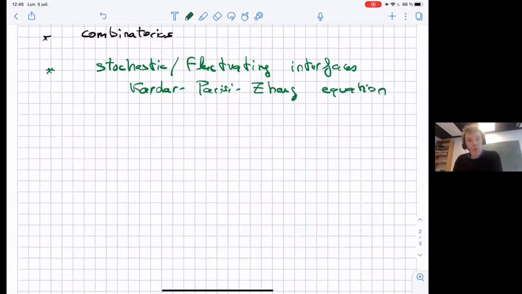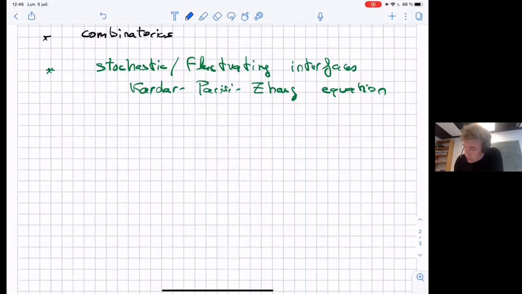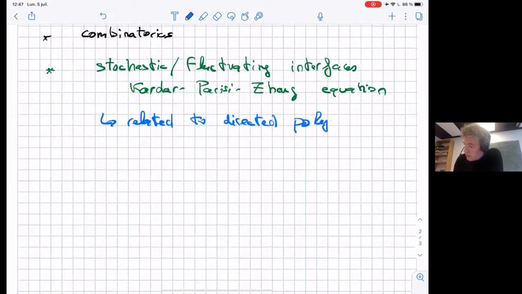But as you probably know, random matrix theory has played a very important role here in this context, and related to that is also the problem, which I will not have time to talk about. But as you probably know, this is related to directed polymers plus disorder, so in a disordered environment.